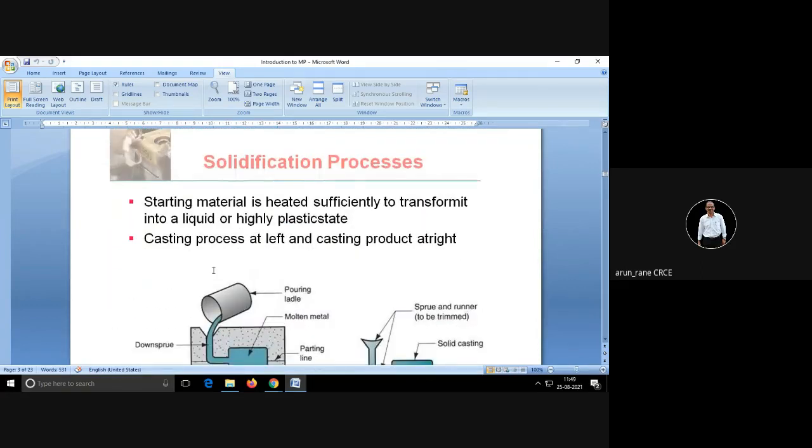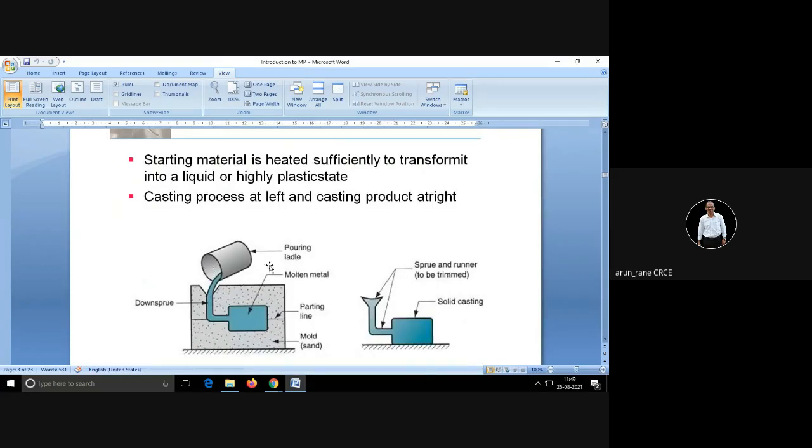So solidification processes. Casting is nothing but a solidification process. Here you have a molten metal, which is melted in a furnace. You have a big furnace which is called a cupola. In the cupola furnace, the metal is melted.